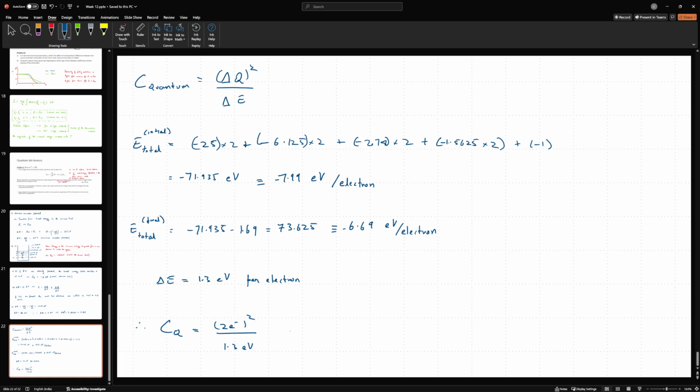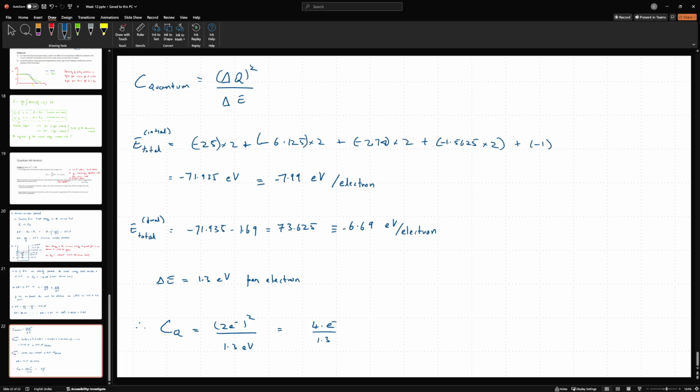So this will come out to be 4 times the electron charge divided by 1.3 volts, which is 4 into 609 divided by 1.3.